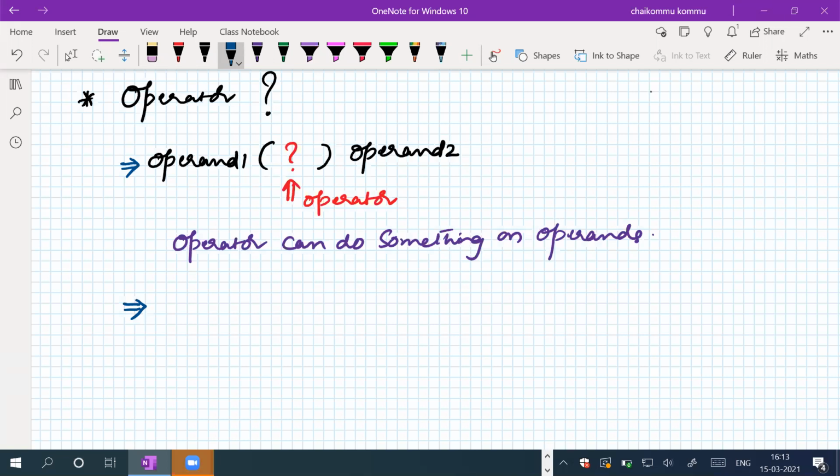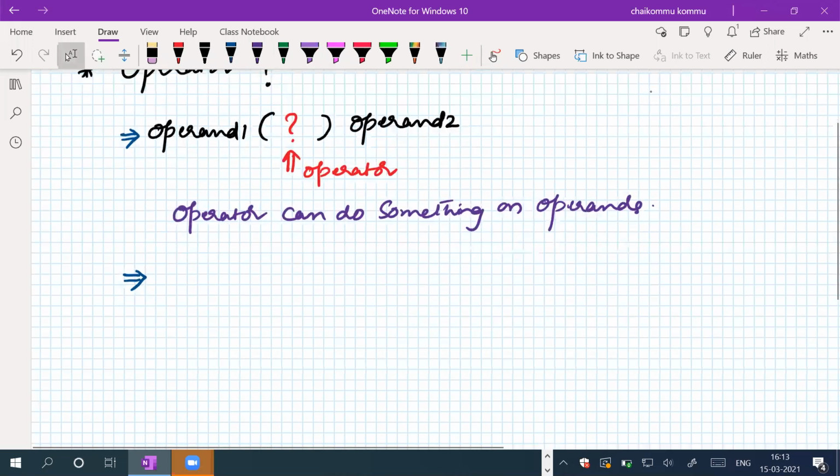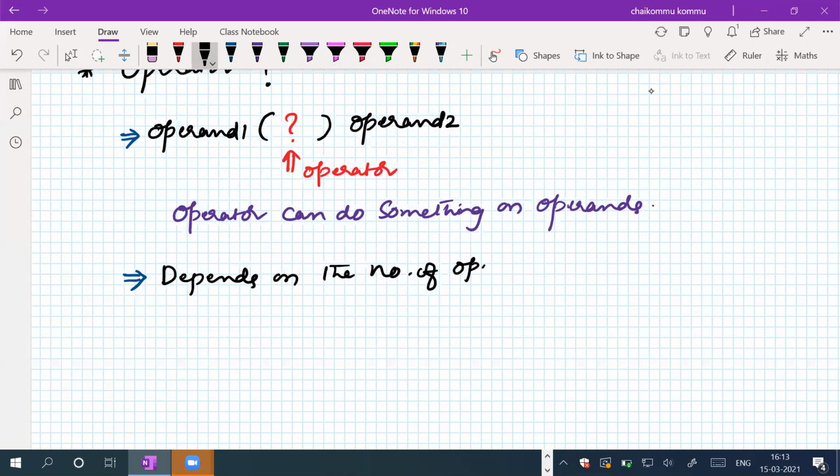Depending upon the number of operands, the operators are classified into three categories.